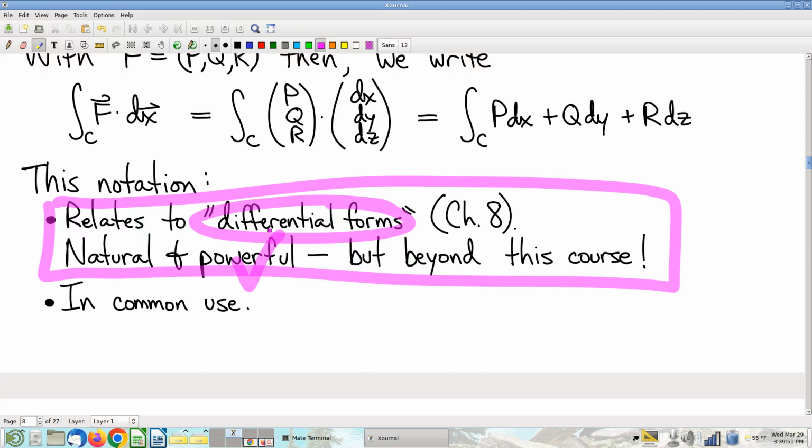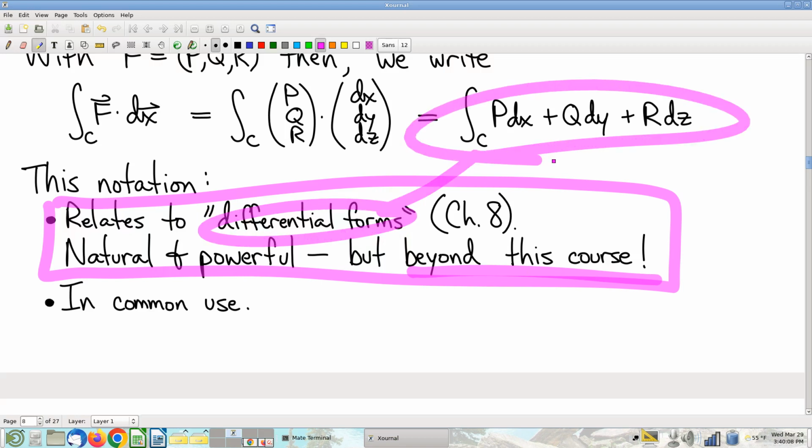They're just a really, really good idea, very natural, very powerful. It's good stuff. Now, again, all of those advantages are beyond this course.